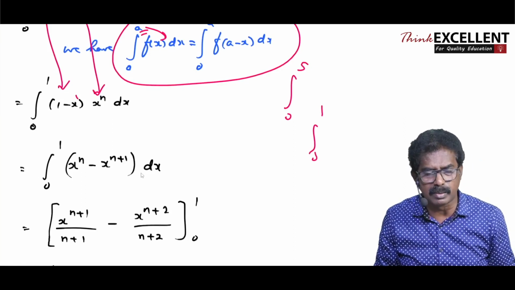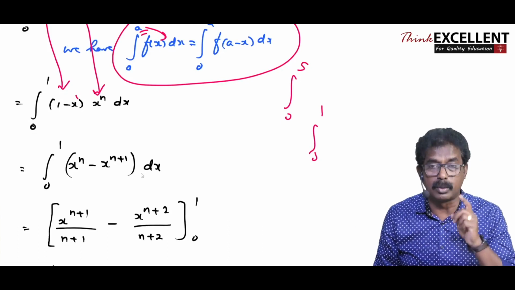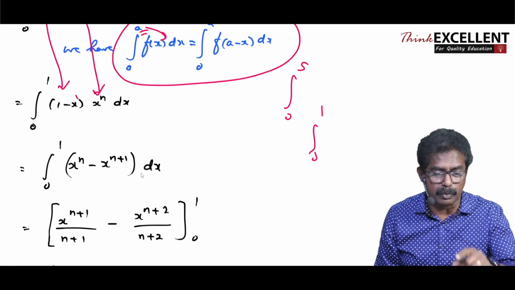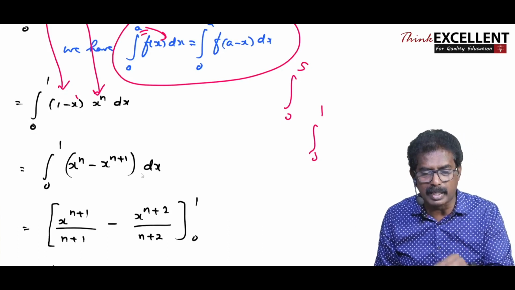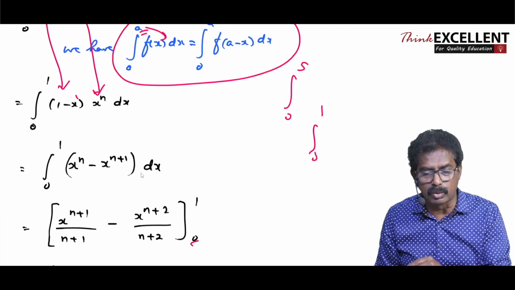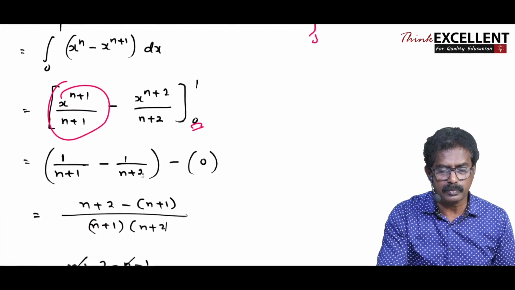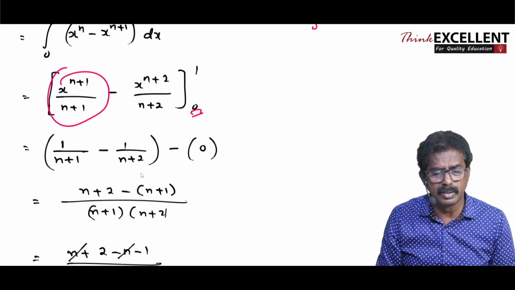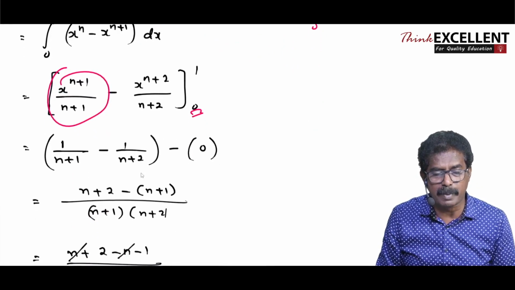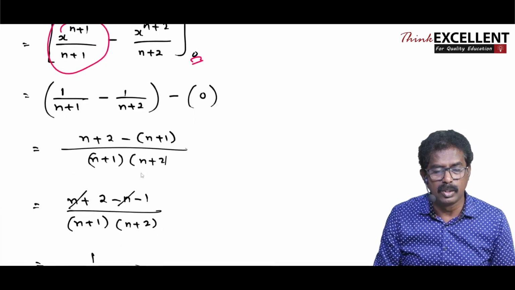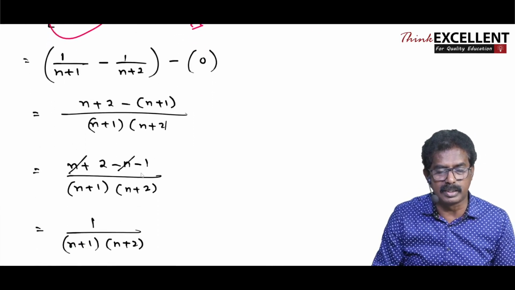Apply the limits, very simple. Put 1 for x: 1 raised to any number is 1 only. So 1 by n plus 1 minus 1 by n plus 2, minus the value at 0, where both terms become 0. Just take the LCM; when you expand, the minus and plus cancel, 2 minus 1 is 1. So this is your answer.